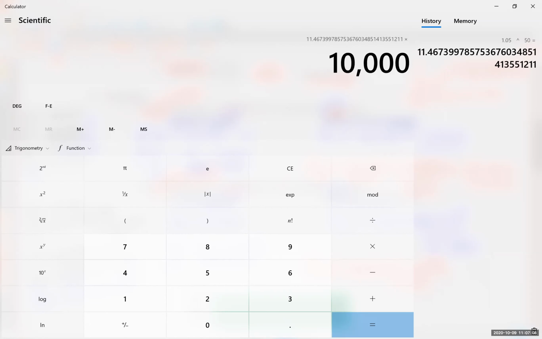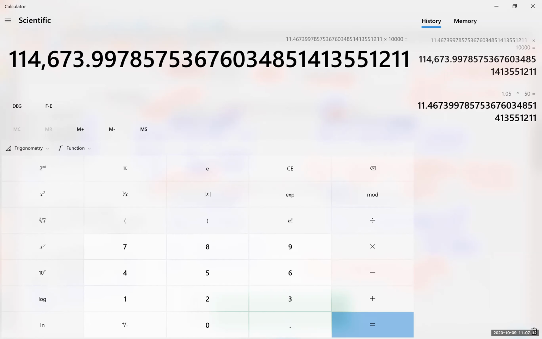All right, and then you just multiply this by, where is the multiplication? Right here, by 10,000. Okay, you see 10,000 right here. Right, and the answer is going to be 114,673.99. Let's round this to the nearest number because we are talking about the number of people, and certainly you should not have fractions of a person.